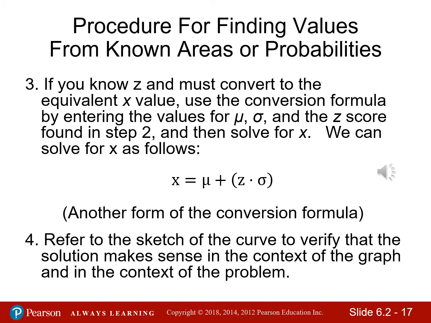We can solve for x using the following formula: x equals mu plus z times sigma. This is a form of the conversion formula. And finally, part 4, refer to the sketch of the curve to verify that the solution makes sense in context of the graph and in context of the problem.